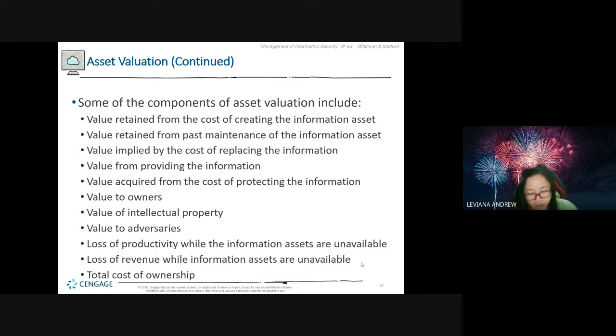And then total cost of ownership. This is the sum total of elements of the previous categories, encompassing all expenses associated with buying, acquiring, operating, and disposing of the asset.